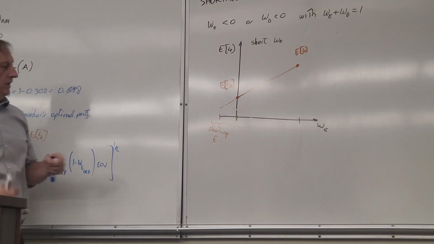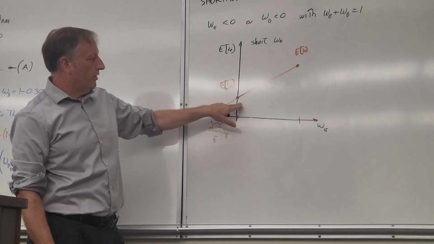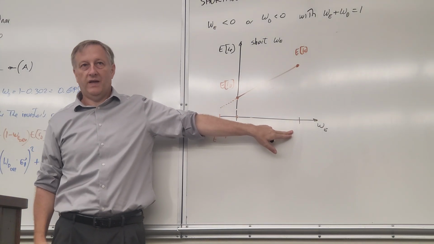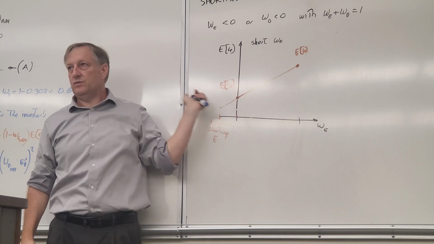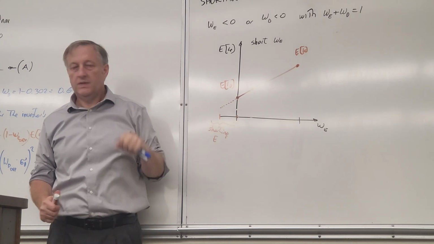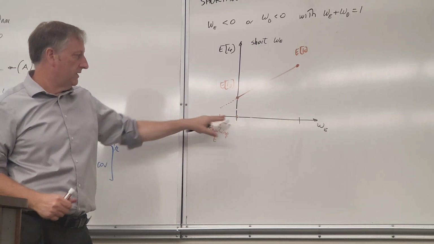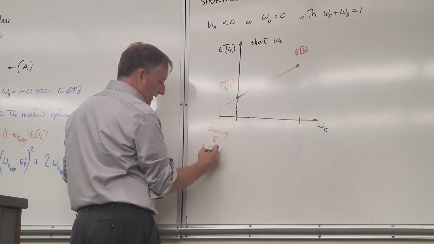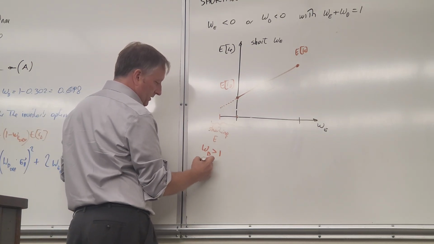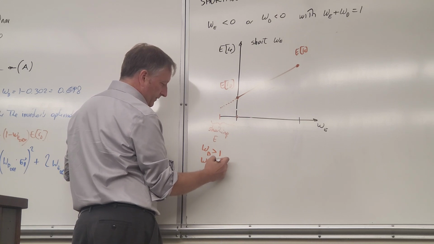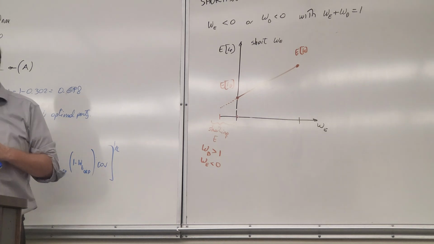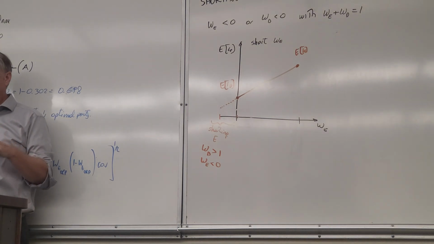Okay, so that means you are borrowing money at the rate equal to the expected return of equity, and you're investing that into debt. So if the weight of equity is negative, the implication is that the weight of debt is greater than 1, weight of equity less than 0 in this section right here.